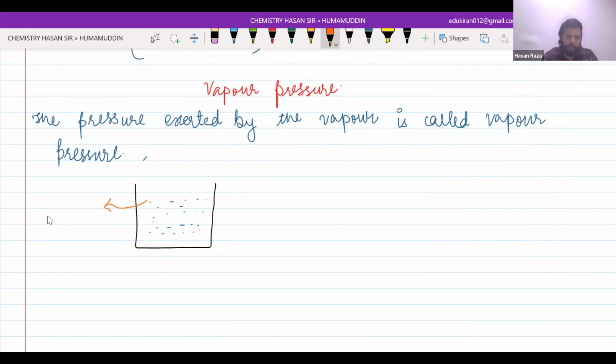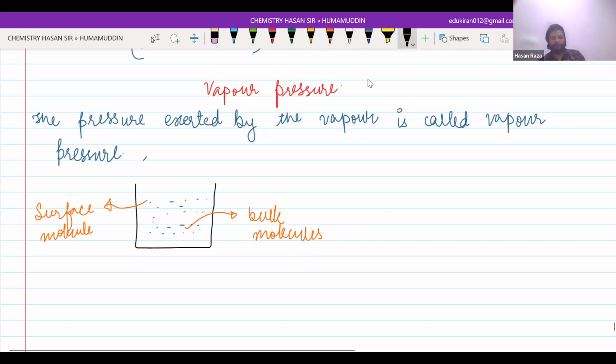One is surface molecule and another, which is below the surface molecule, is called bulk molecules. Always remember that if there will be a question, which molecule will be vaporizing or converting into vapor, whether bulk molecule or surface molecule.